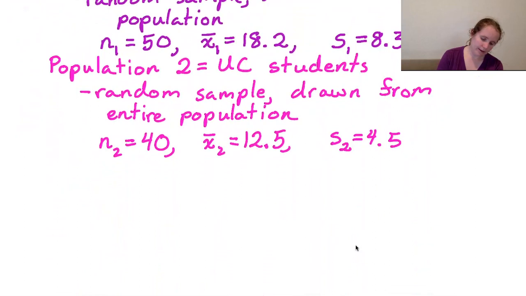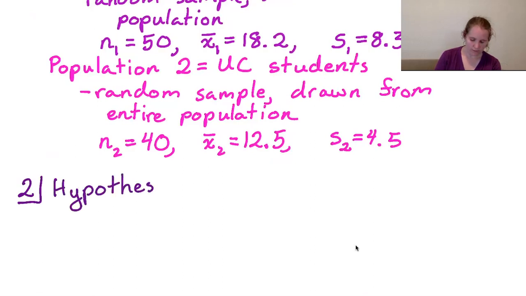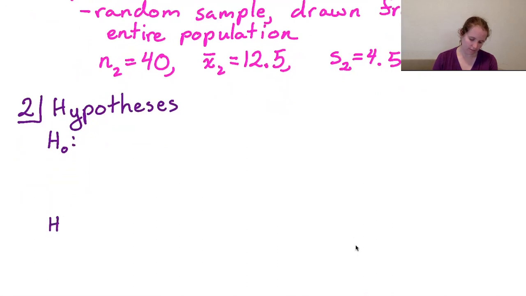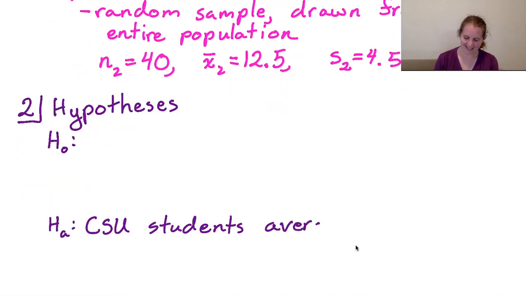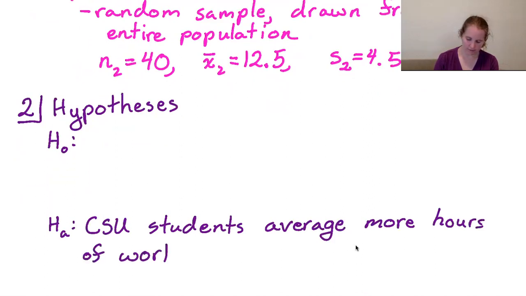The next thing we want to do is write our hypotheses. We're trying to see if the CSU students average more hours of work a week, so that'll be our alternative hypothesis: CSU students average more hours of work a week than UC students.